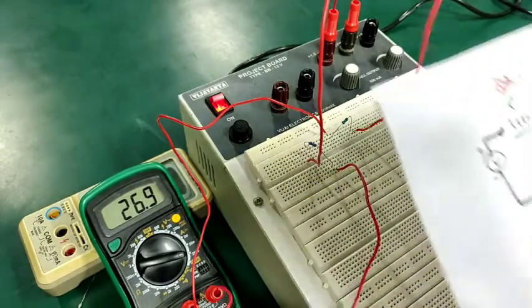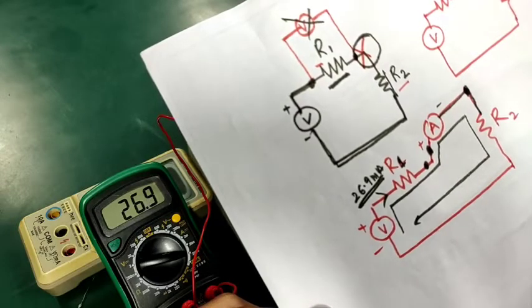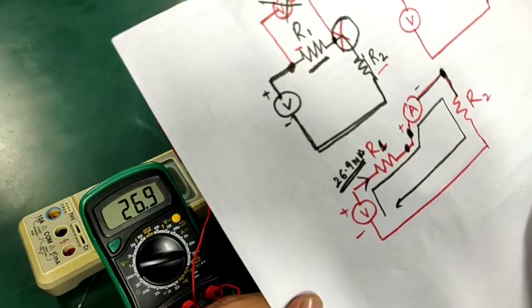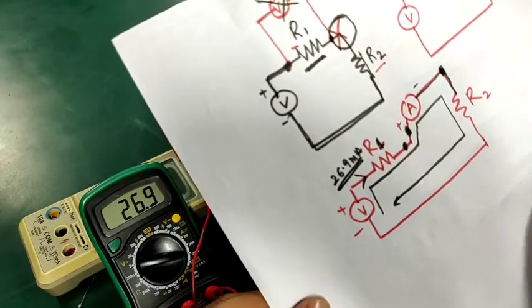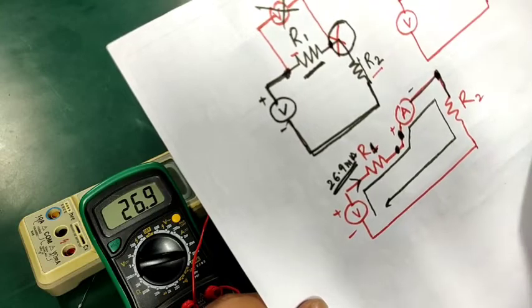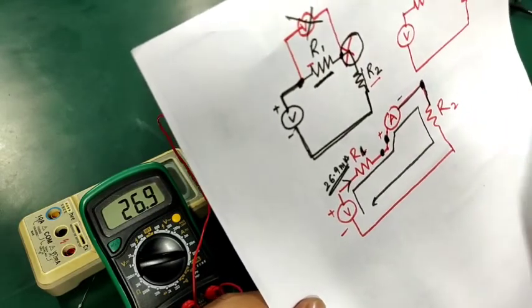And there is no need to find the current across R2 because these two resistances are in series, meaning the same current will be flowing through resistance R1 as well as resistance R2. So in this manner you will measure your current in all the upcoming experiments.